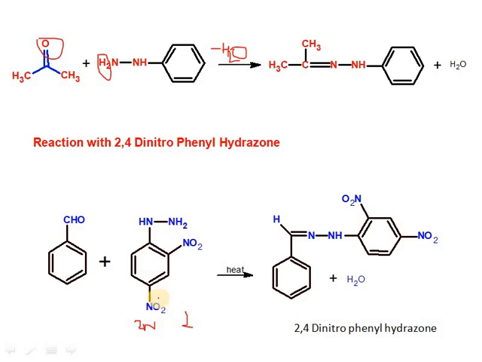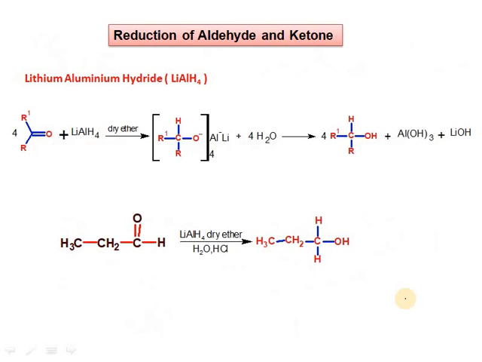Similarly, 2,4-DNP can be treated with benzaldehyde to form the 2,4-dinitrophenylhydrazone derivative. These two hydrogens and this oxygen are replaced, forming the 2,4-dinitrophenylhydrazone derivative.